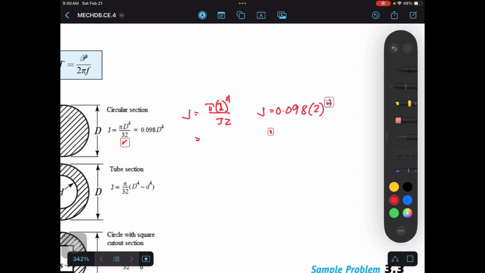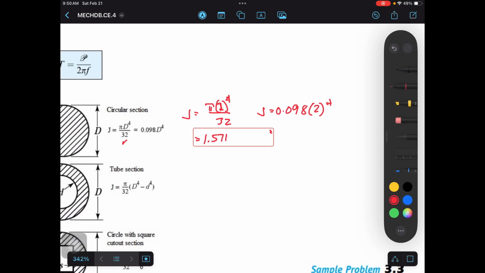For pi times 2 raised to 4 over 32, our J is 1.571.